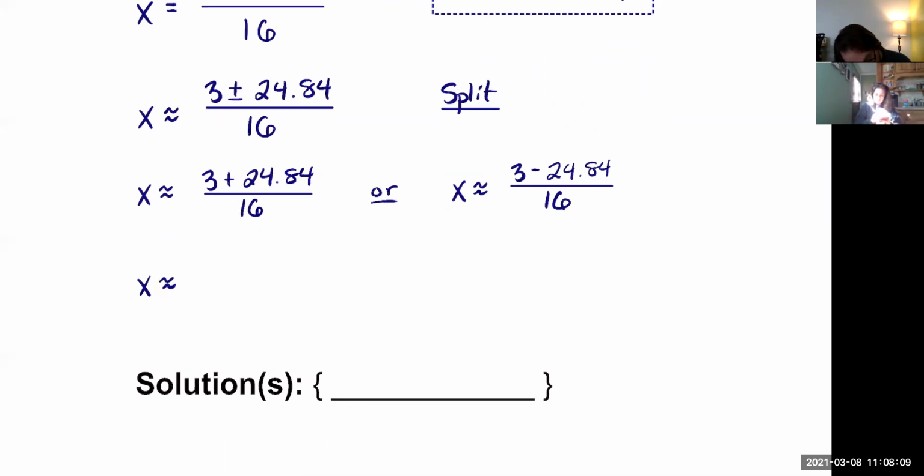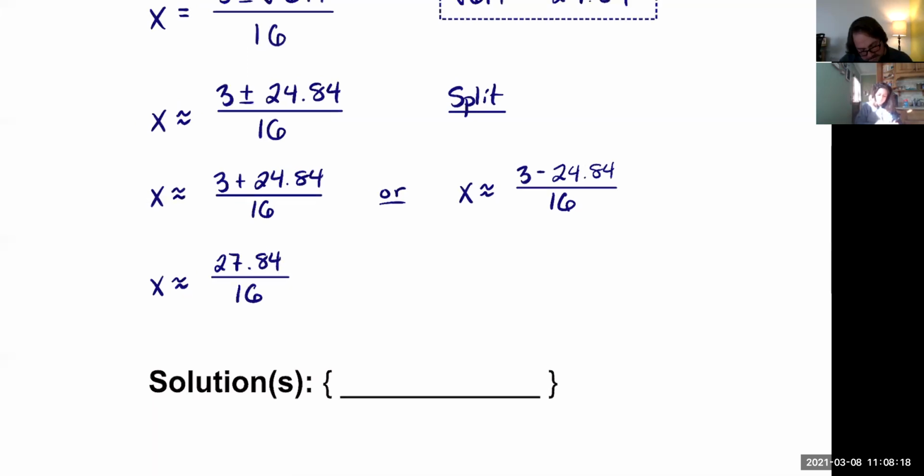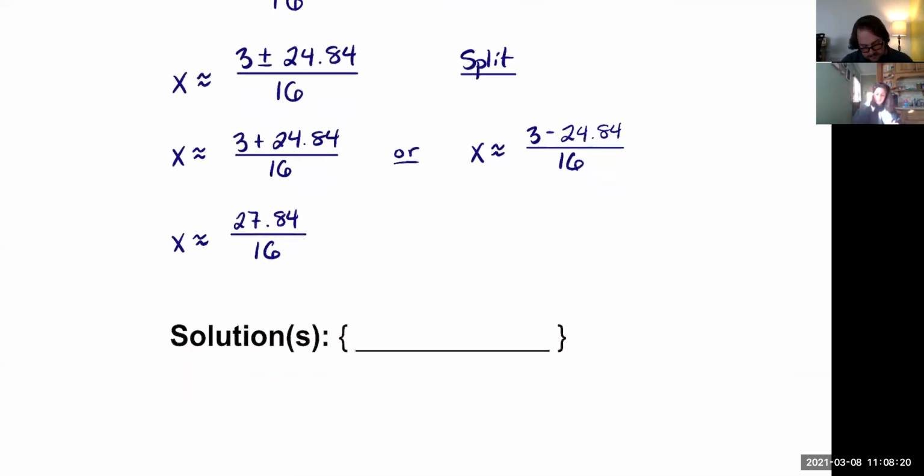So 3 plus 24.84 gives me 27.84. When you divide that by 16, what do you get? 1.74. Someone else also want to confirm? Tara? Tara's got the thumbs up as well.